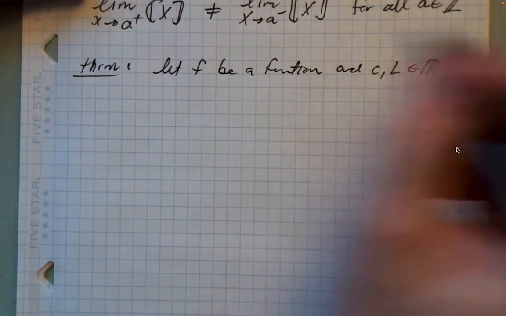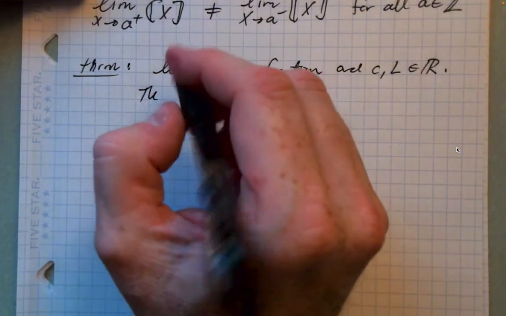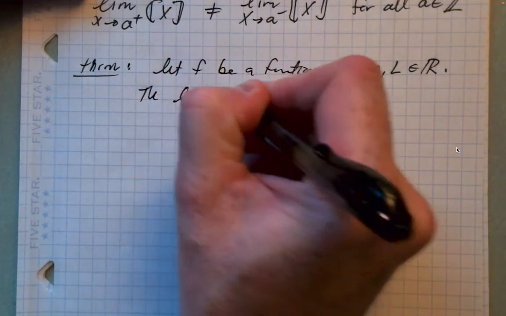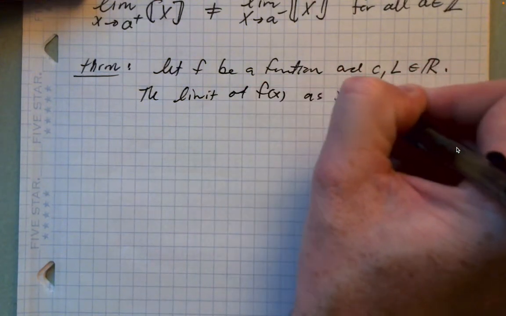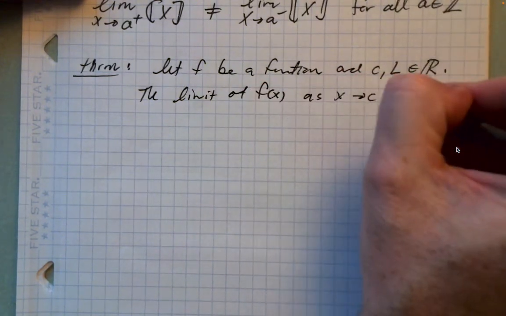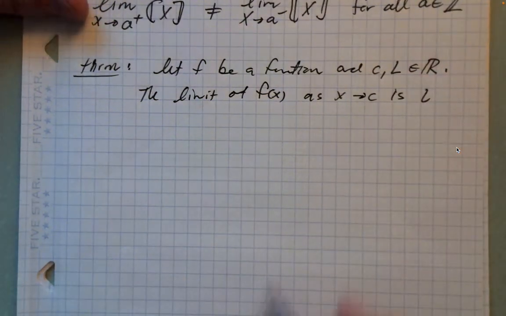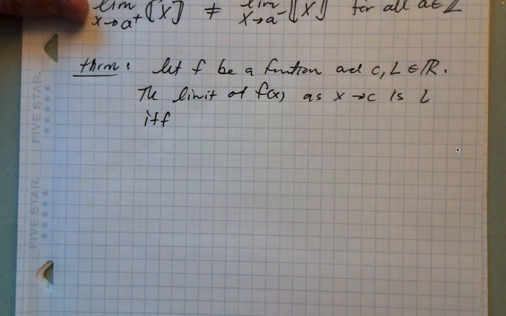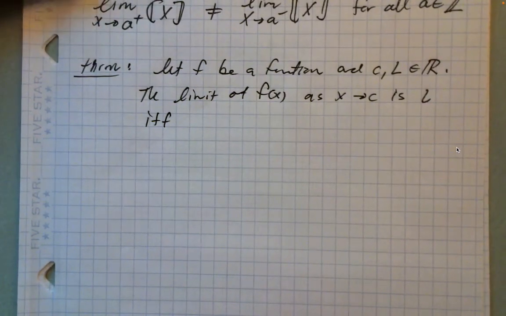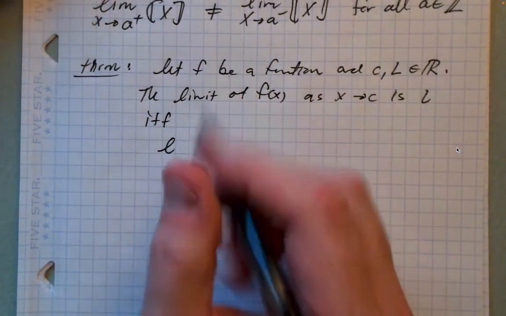The limit of f of x as x approaches c is L if and only if the left and the right hand limits are both L.